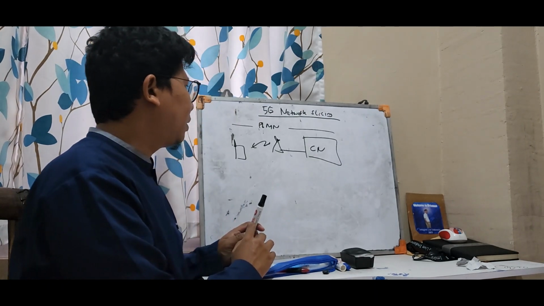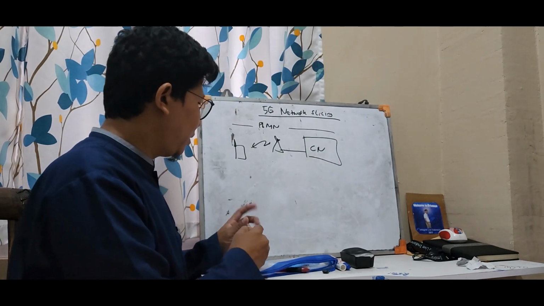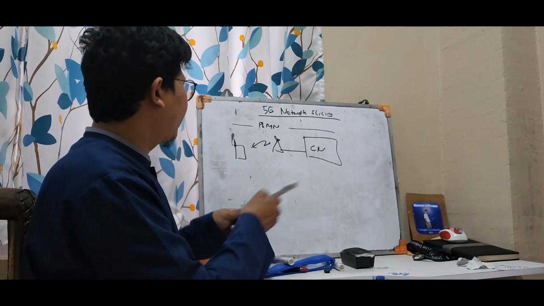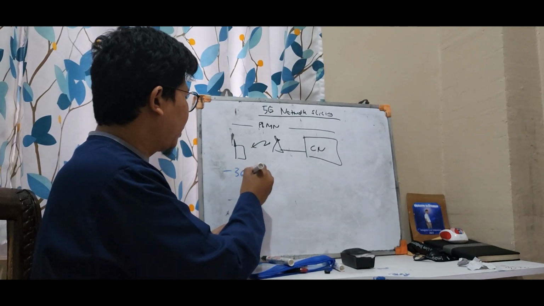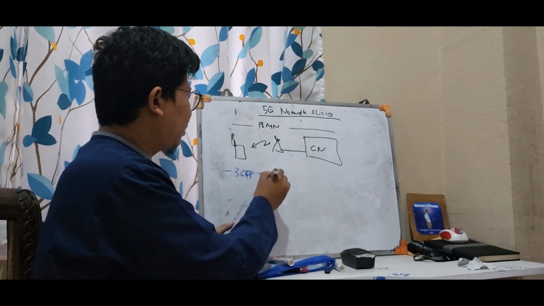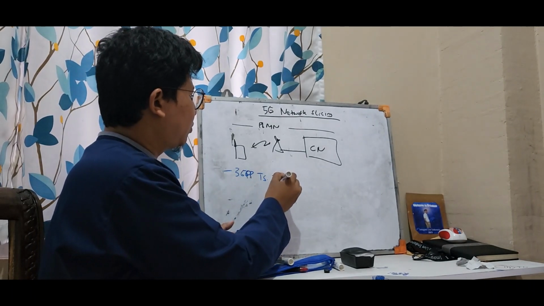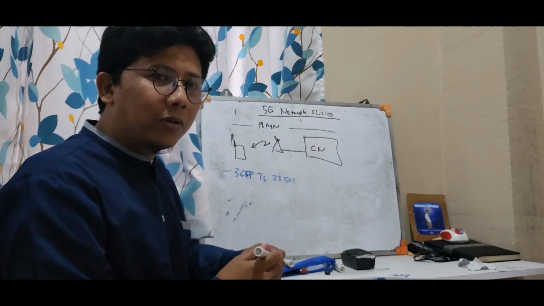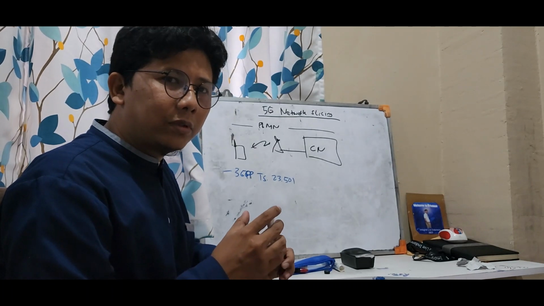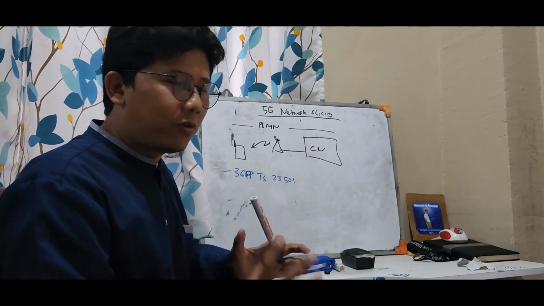So here, according to 3GPP, there is specification 3GPP 23.501 that describes the slicing identification framework.